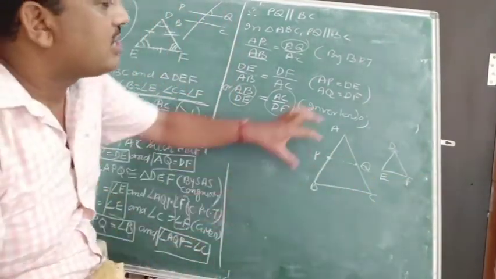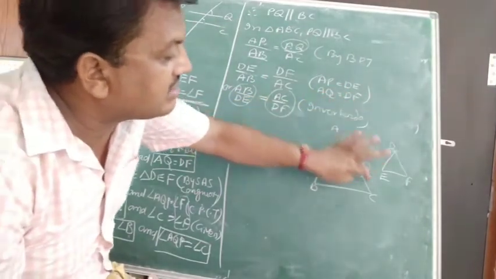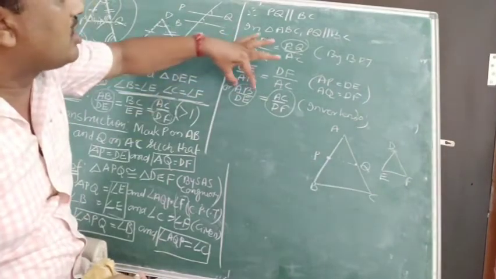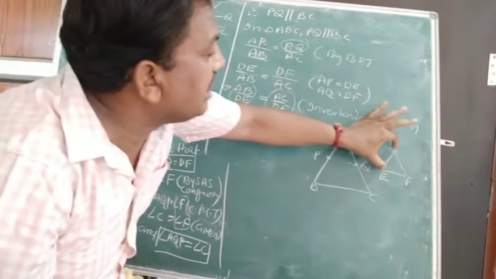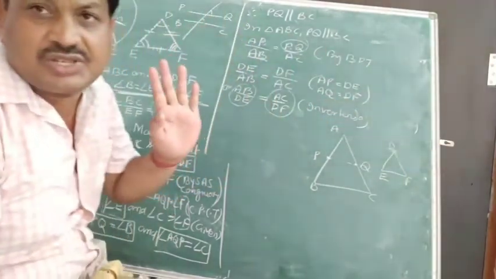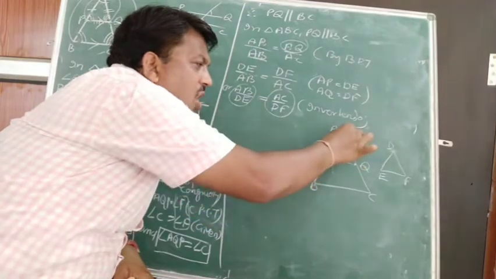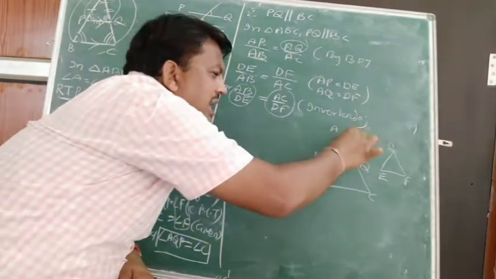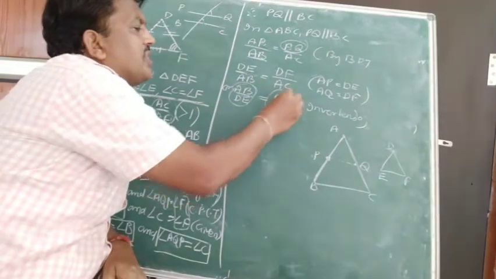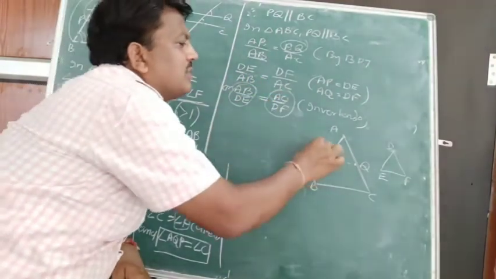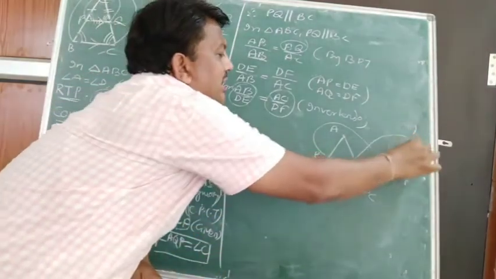Since I have taken the points on the AB side and AC side, I got the relation of AB and AC along with the DE side and DF side. See, children, it's very clear.